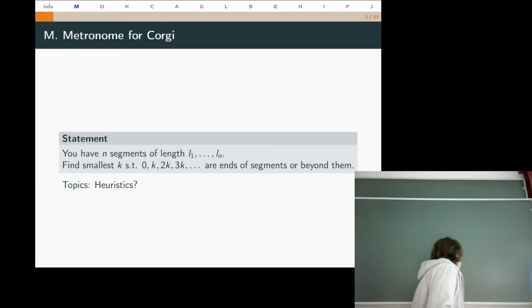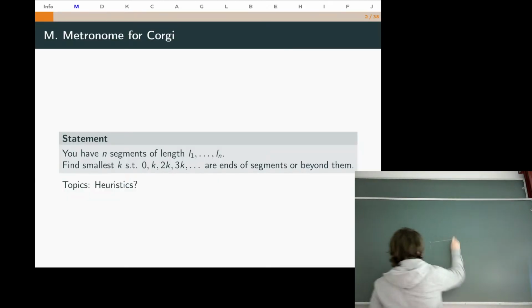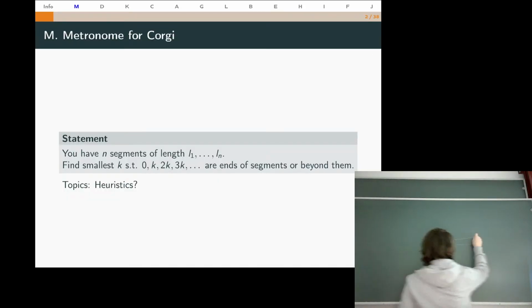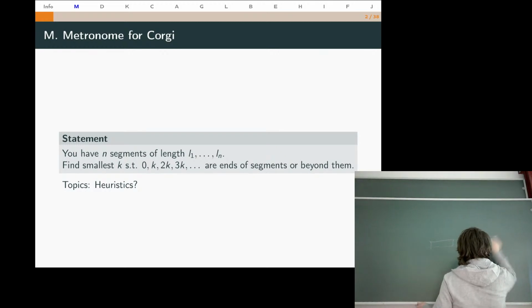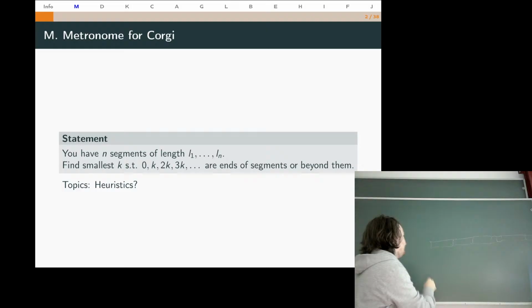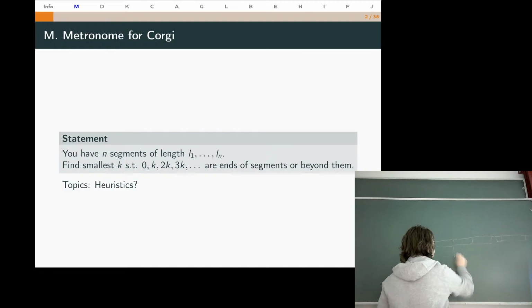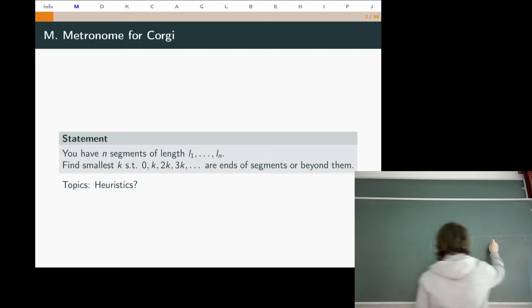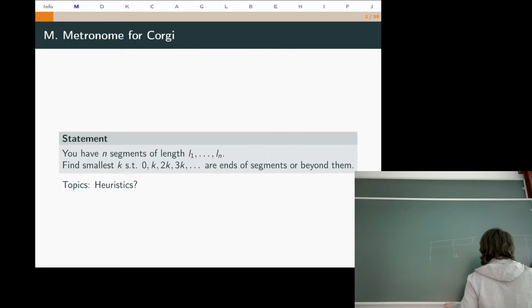So in other words, if we have segments like this, then for example we may find some k such that here we have 1k, here 2k, and here 3k.